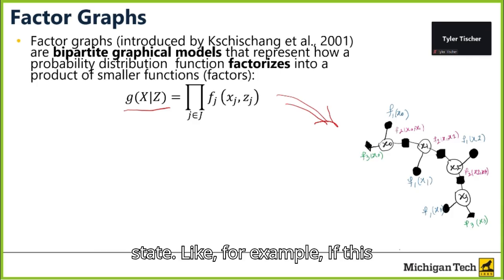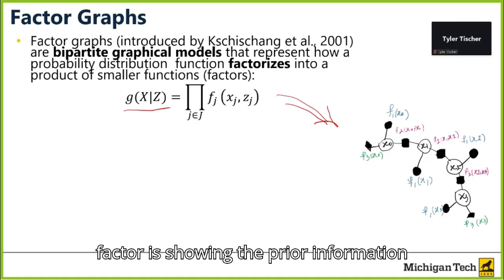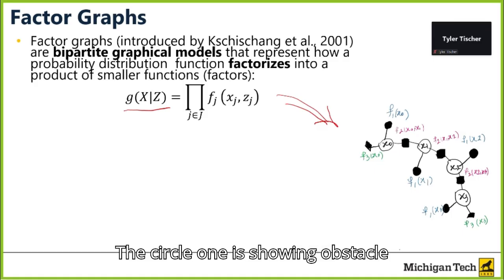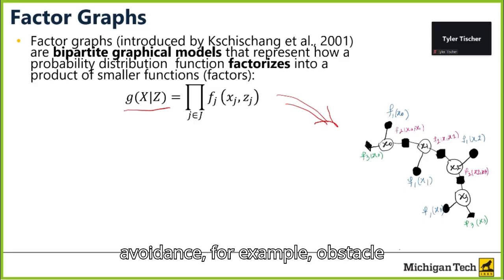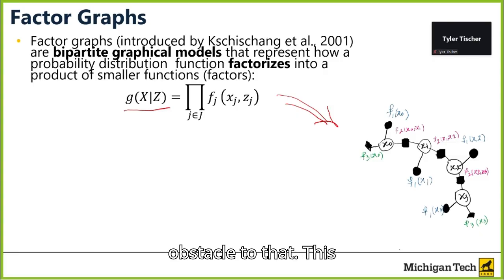For example, if these states x0, x1, x2 are the position of the robot, this diamond factor shows the prior information about this, for example, a start point. The circle one is showing obstacle avoidance, for example, showing the closest obstacle to that.